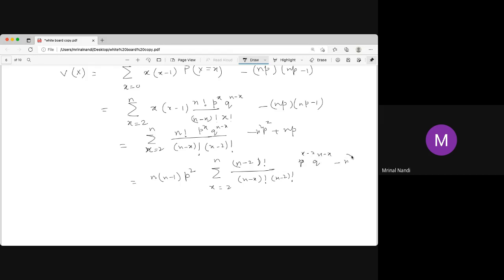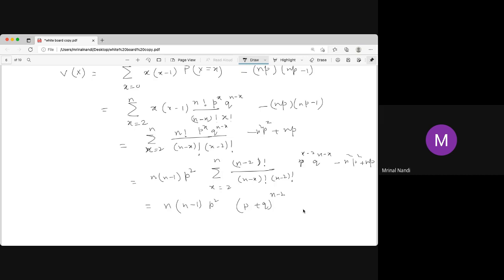The rest are n square p square minus n square p square plus np. And you can easily see that by the same trick, this is nothing but (p plus q) whole to the power n minus 2. Same thing. It's coming from 2 to n. And if you replace x minus 2 by y, then y goes from 0 to n minus 2. Same thing, same term.